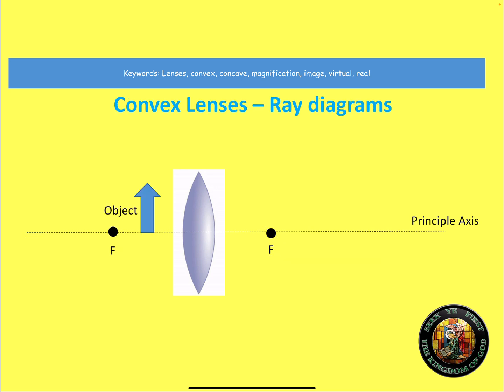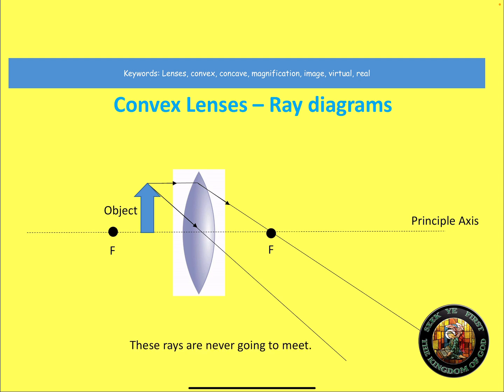If the object is now between the lens and the F, let's have a look. What is the image? So again, follow the same rule. Second line. You can see the 2 lines do not meet now. So if we trace them back, they will meet there.